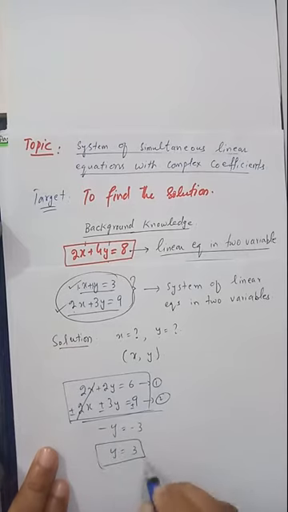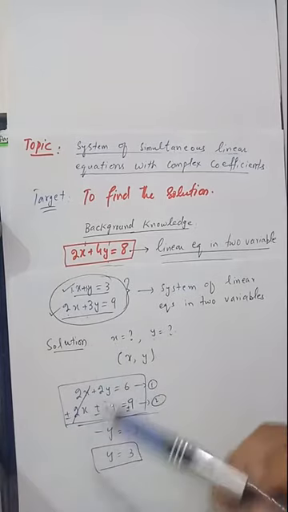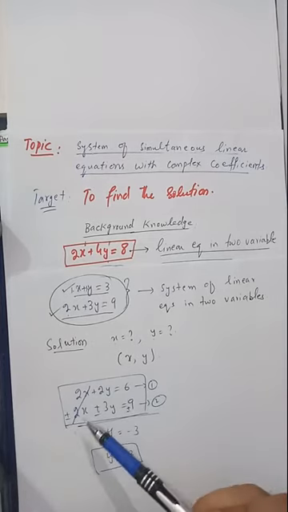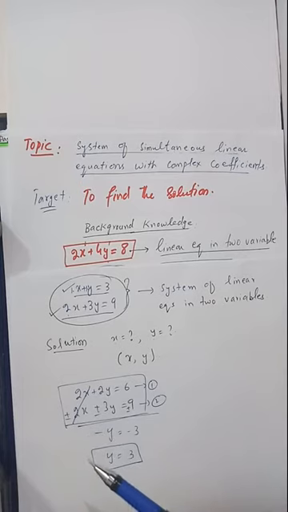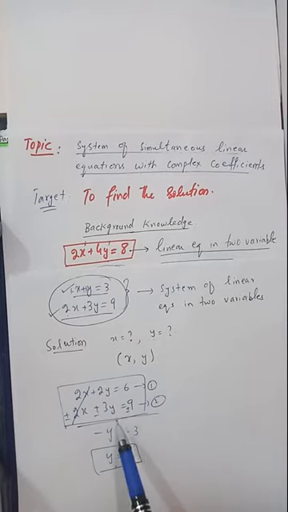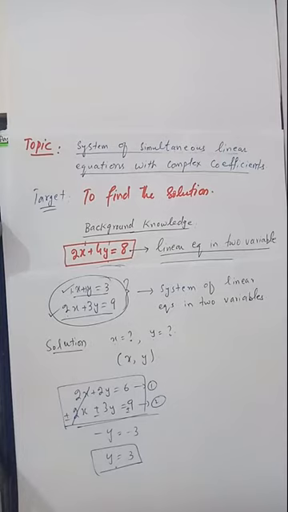You clearly see that when you make the coefficient of one variable equal, by adding or subtracting, that variable is eliminated, and then you substitute y equal to 3 in one of the equations, so you will get the value of x. This method is also called the method of elimination and substitution.